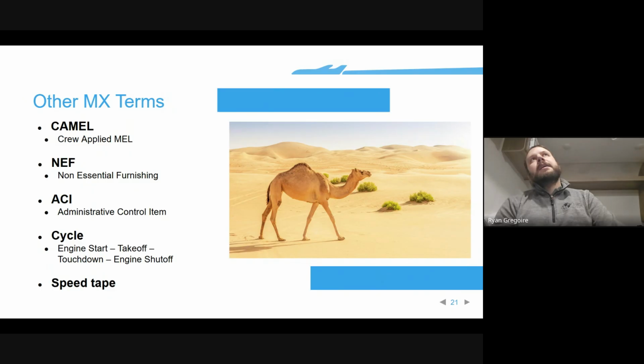Something that is supposed to be a certain way on the airplane, but is damaged or defective in some manner, but doesn't impact the operational reliability or safety of the aircraft. It's going to be some trivial thing, like I said, like the carpeting or a wall panel or something like that.